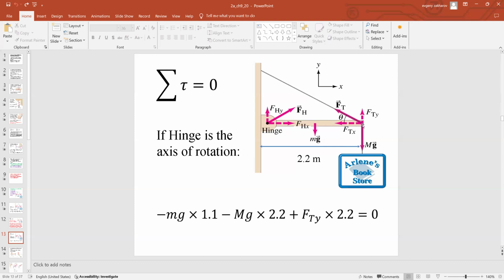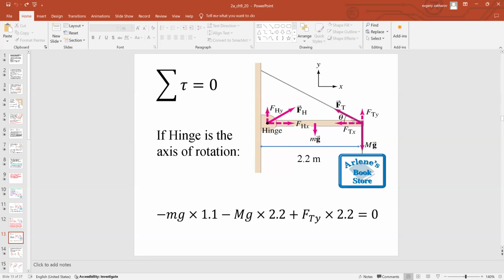That's the moment arm times the mg, the capital Mg. Is it positive or negative? The rotation from mg is clockwise, so that means the torque is negative. Clocks are negative. So negative, force is mg, moment arm is 2.2, so this is your torque from the capital Mg force.